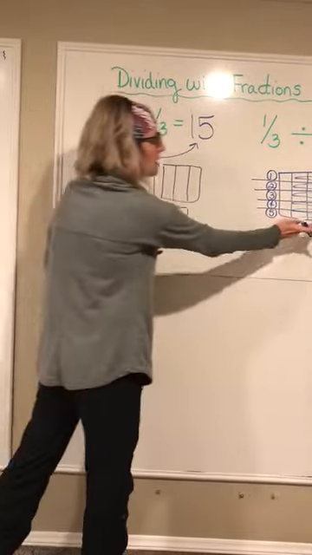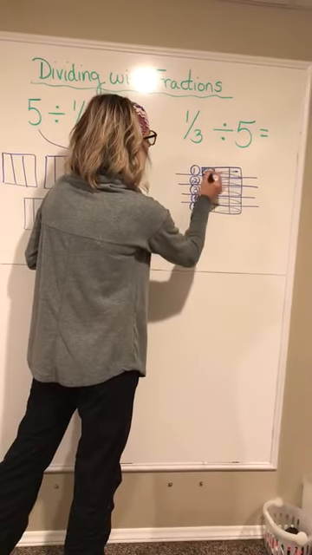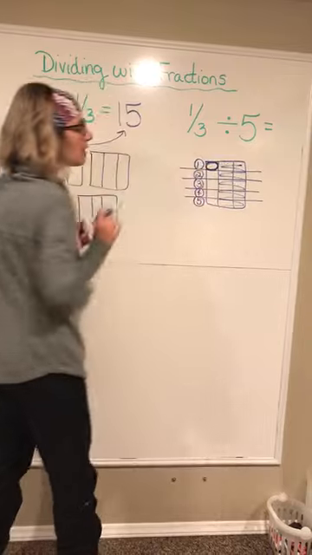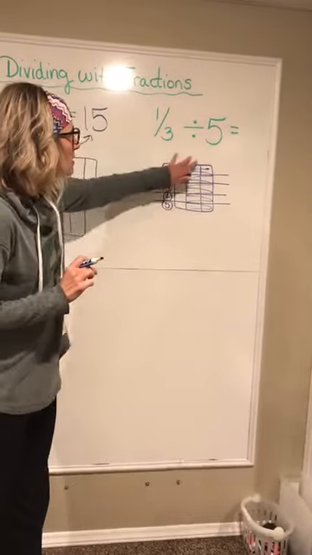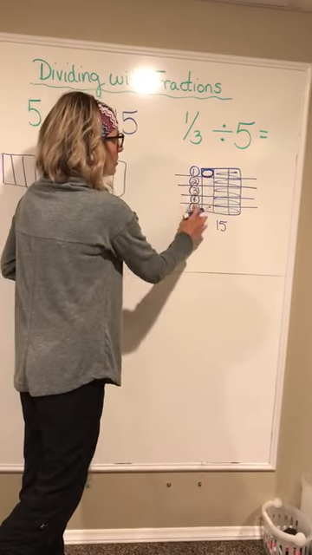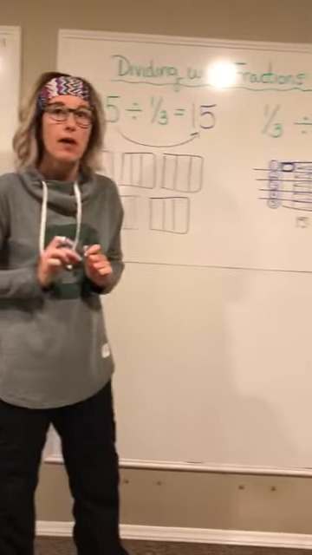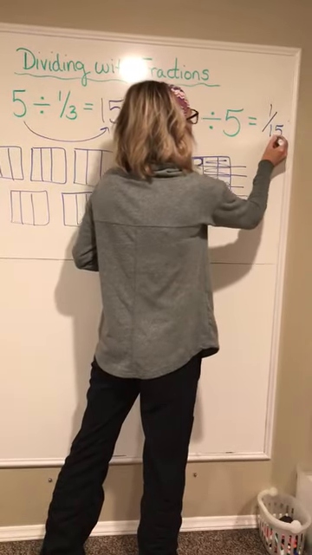I have now a grid picture. And you can see that each person just has that one little piece. So if I counted up all my pieces, there's 15. So each person gets only one of them. So my answer is 1/15.